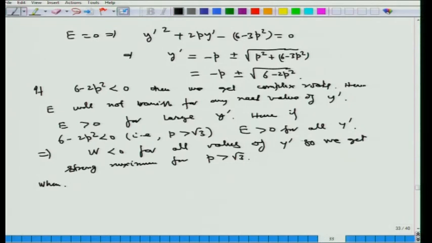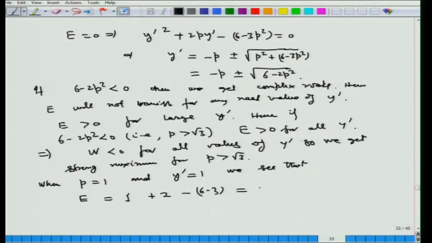So here we see that when P is 1 and y prime is also 1, E equals 1 plus 2 minus 6 minus 3 when we substitute, so that is 0.